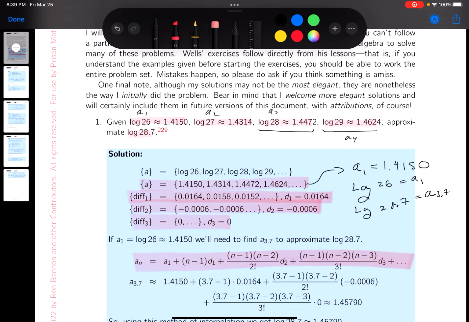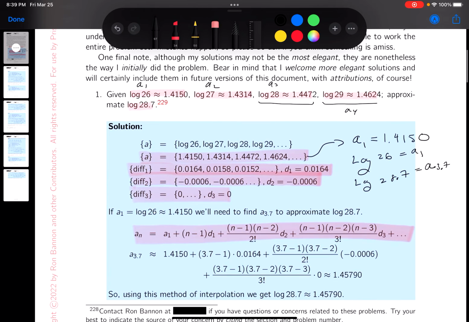Right, so we use the formula, all right? And it's remarkable. It really is remarkable. Let's take a look at this. So A at 3.7 is going to be A1. We've done this before, but now the n is not an integer, it's a decimal number, 3.7. 3.7 minus 1 times the D1. Again, we just computed that before.